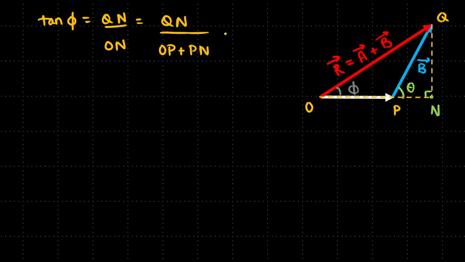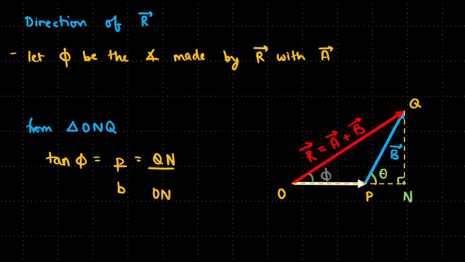I think this is pretty clear right now. But also, if you remember, when we found the magnitude, we described all of these terms. So QN was b sine theta, OP was vector A, which got lost somewhere. Let's write vector A over here.